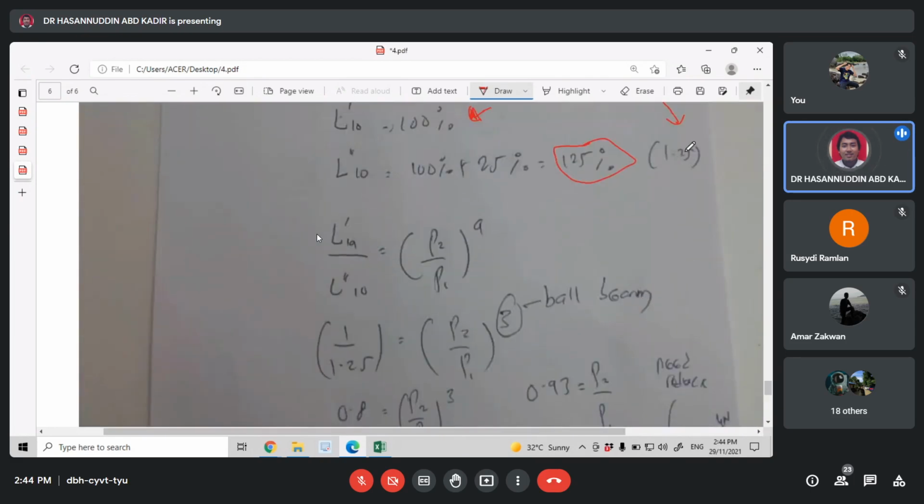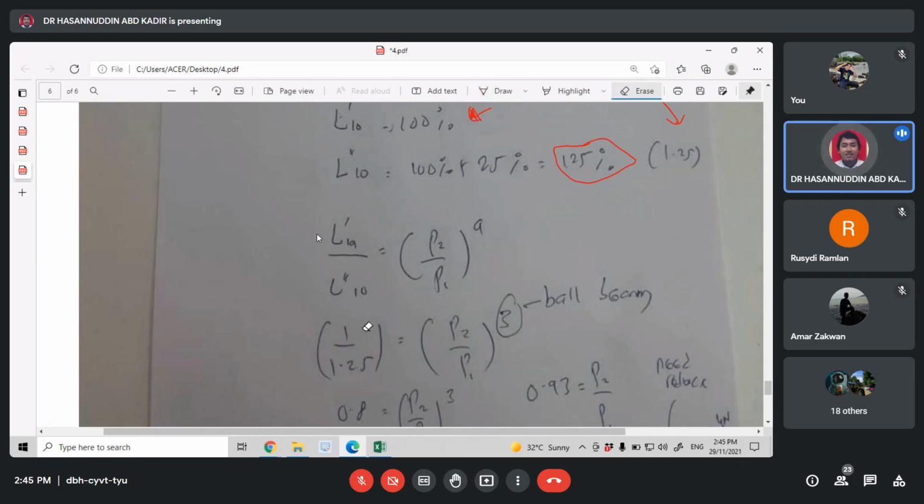Okay, this one kena 1.25 bukan 25 je, tak boleh, because it must have the ratio here. Kalau kamu letak 0.25 je ni dah wrong lah. They must be above this one because the L10 prime ni we assume as the 1, because this is 100% and they have increased by 0.25 or we can call it 25%. So you must put 1.25 here.